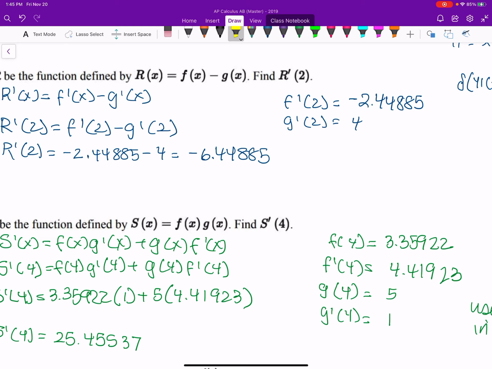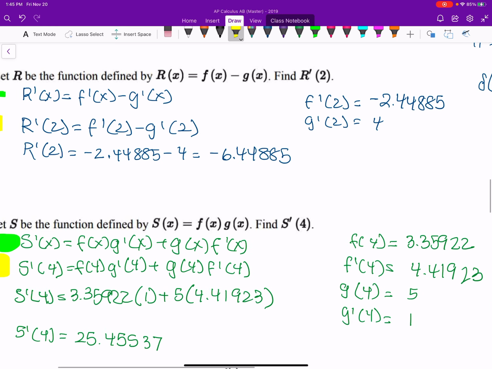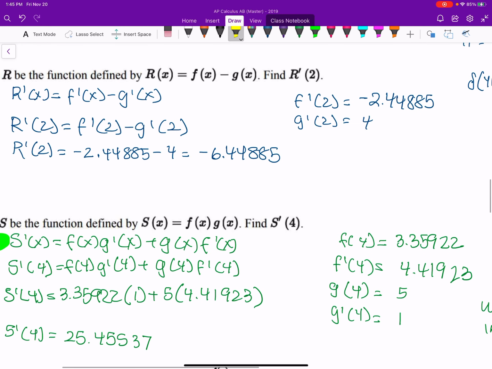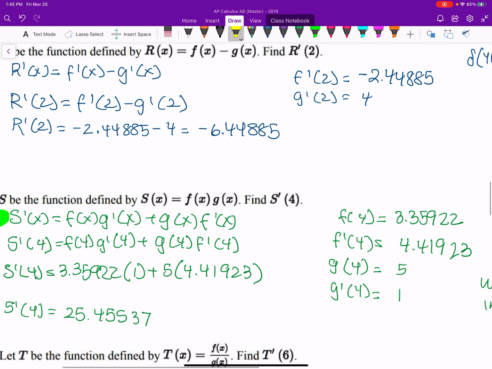Also, if you accidentally got the wrong value for one of those and you have a little ledger out here, they can see, oh, maybe they put it in the calculator wrong or they read the table wrong. So if it's worth 3 points, instead of losing 2 points, you would only lose 1 point if it's an arithmetic error or something like that.